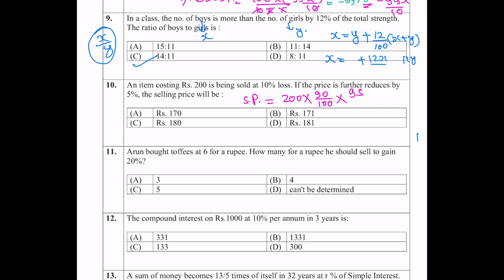It means 5% discount means 95%. After selling at 10% loss, again here is giving a discount of 5%. So here we have to go in this successive manner. So here this 100 is cancelled out, this 0 is cancelled out. 2 5s are 10. Here we are getting 90 and 90 into 9 is 171. So correct answer here we are getting as option B.